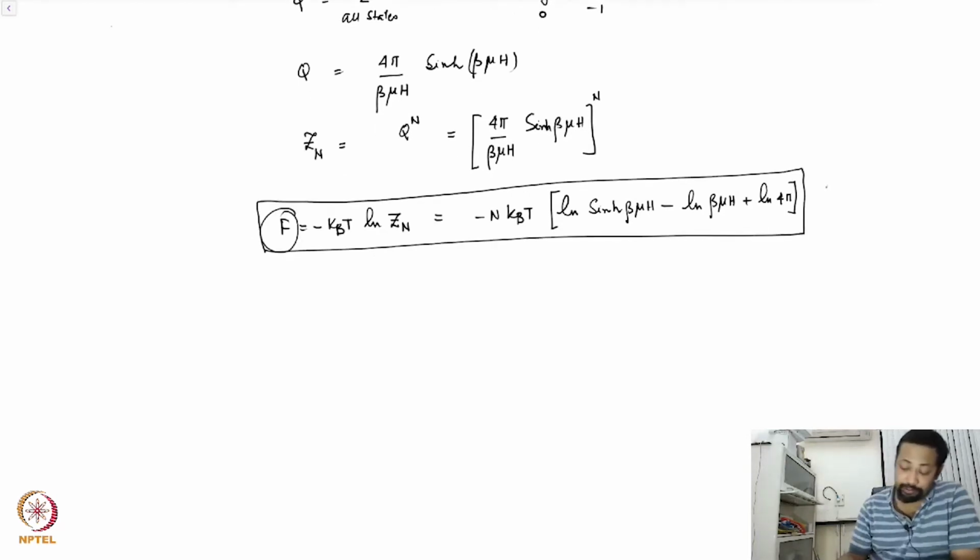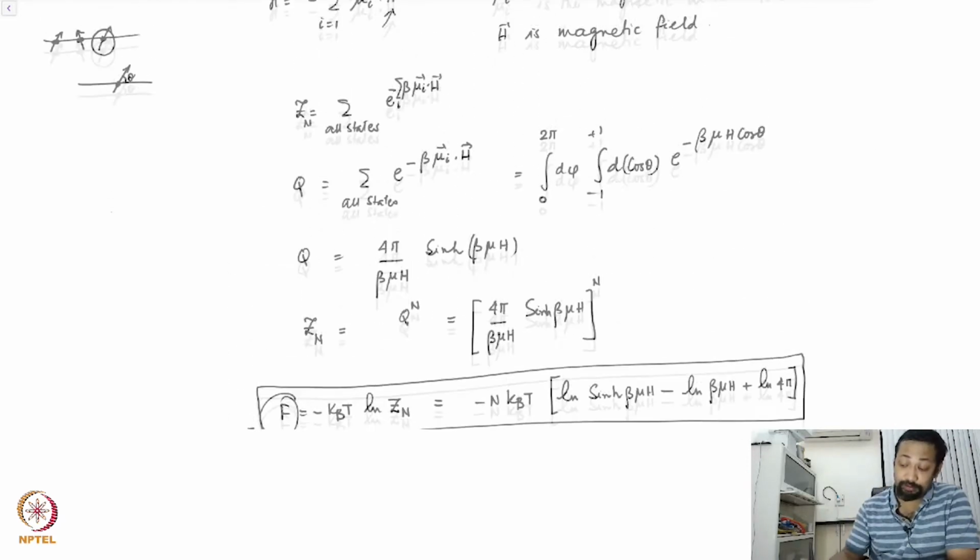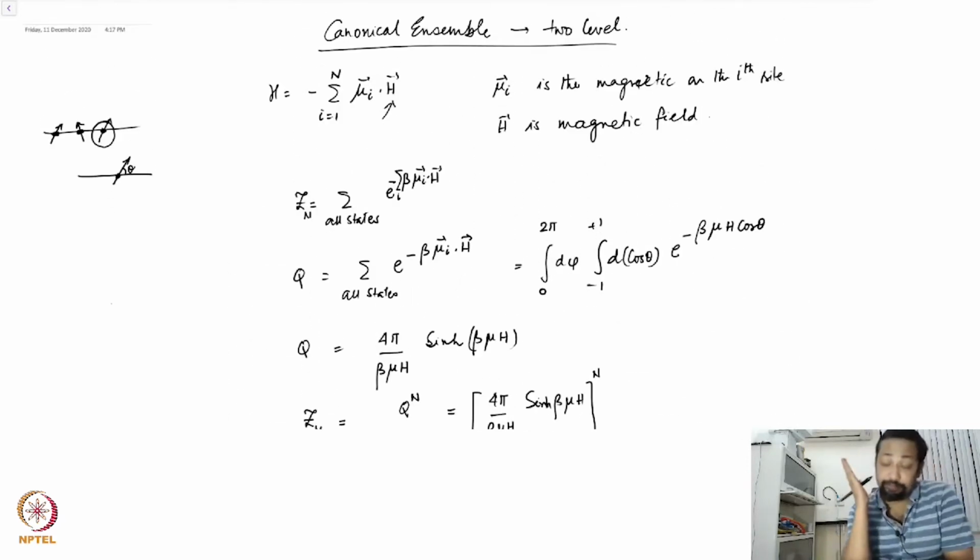With the free energy F from the N particle partition function, we would like to proceed further. But there is a word of caution here. If you identify this with the Helmholtz free energy, even though I have written the notation F, you will be in trouble, because the Helmholtz free energy was defined in the presence of no mechanical work.